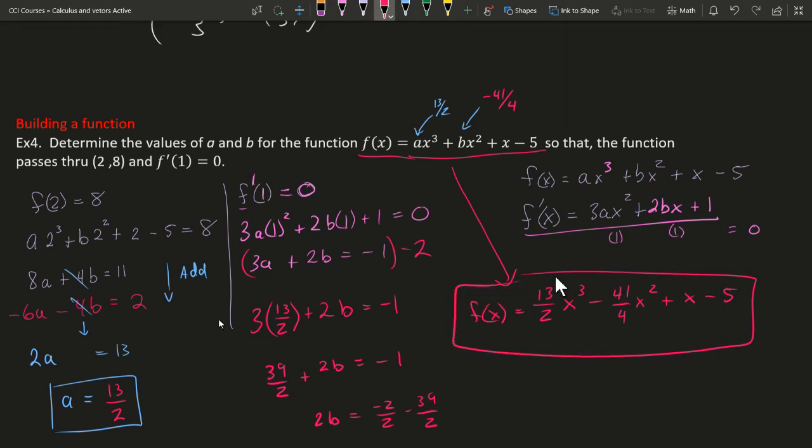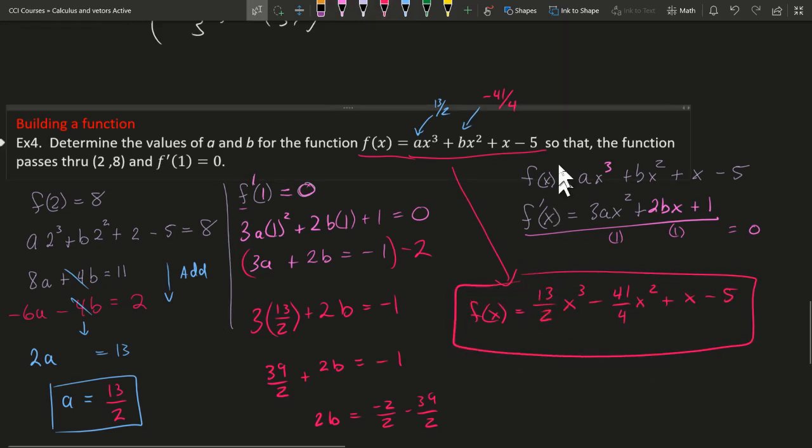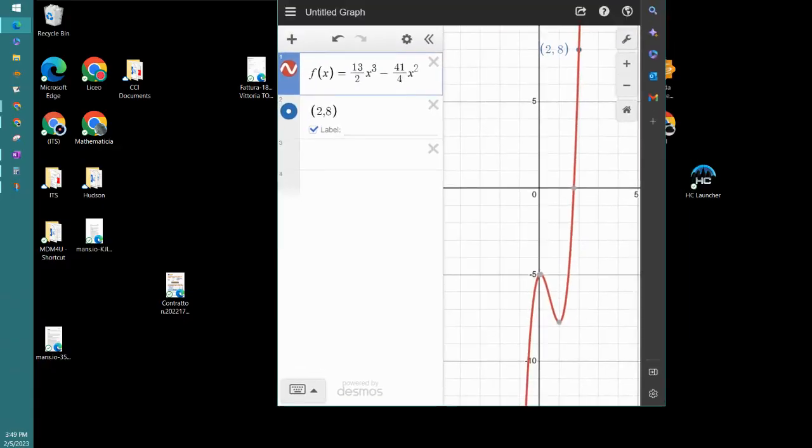Okay, this equation here has this format, okay, and it passes through 2, 8, and the f prime of 1 appears to also be 0. And in fact, I went ahead and graphed this function on the Desmos.